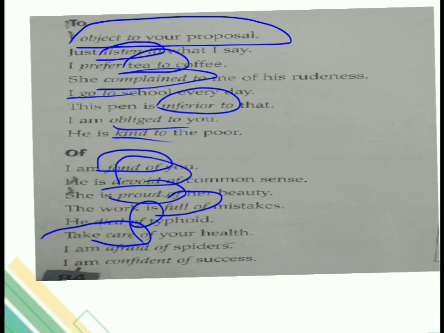So these are a few examples of using to and of, with a few words that take to and of as the prepositions. Now on page number 84, there's one entire box. Go through it, go through the examples as well. In the next class, I'll be taking with, for, over, about, by, from. Six prepositions are still left.